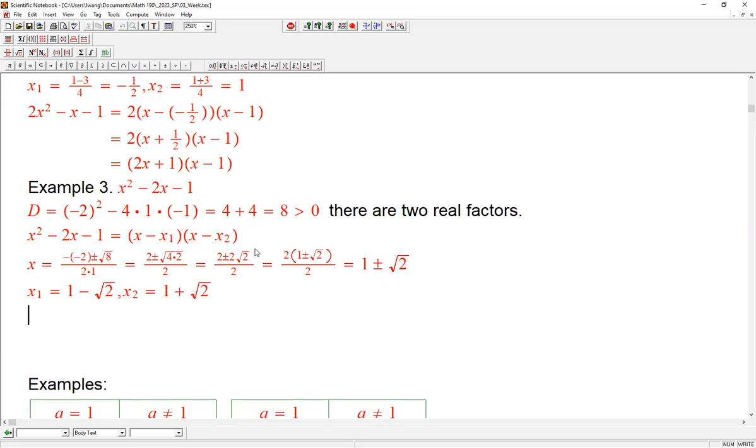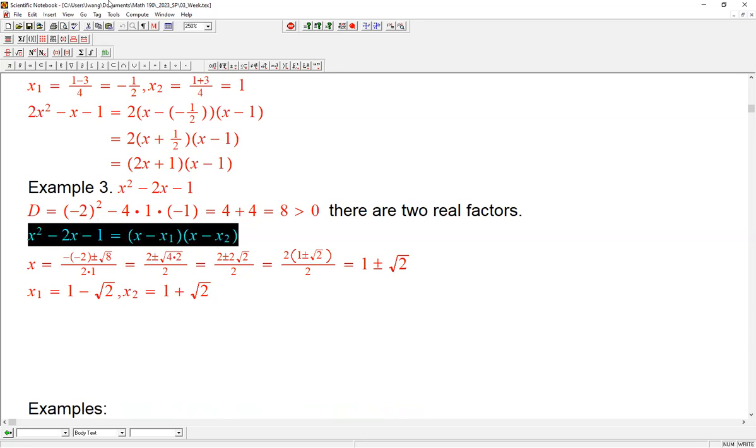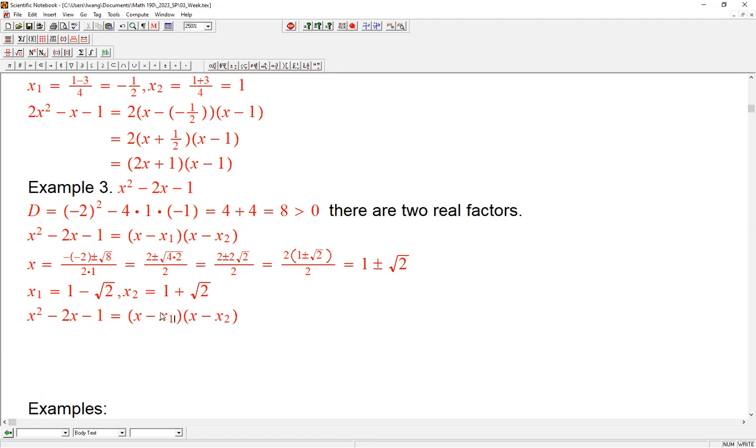And so what are our factors? Well, our factors come right away. All we have to do is replace x1. To make it clear, I'm going to change parentheses to brackets. So x sub 1 will be replaced by 1 minus root 2. Be patient with yourself, okay? And x sub 2 is going to be 1 plus root 2.